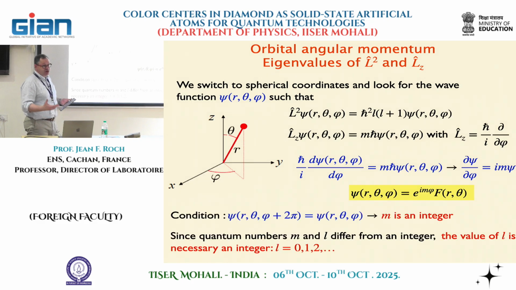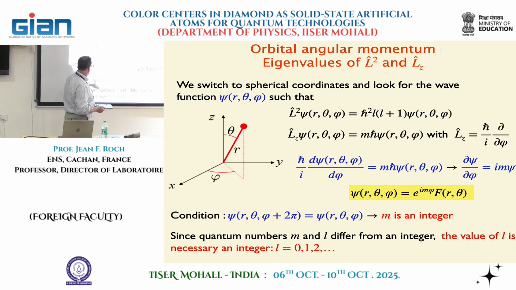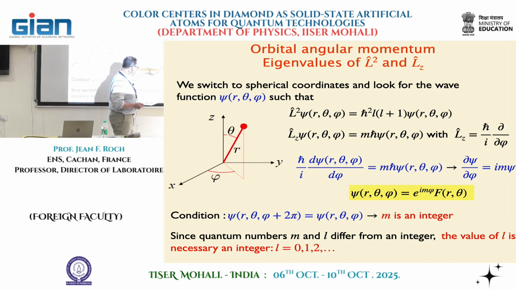Of course, the condition for an orbital angular momentum is that if I turn by 2 pi, the wave function will come back to the same value. So psi as a function of r, polar angle theta, and azimuthal angle phi plus 2 pi should be the same as the one I started from. And that, of course, has a constraint: m is then an integer.